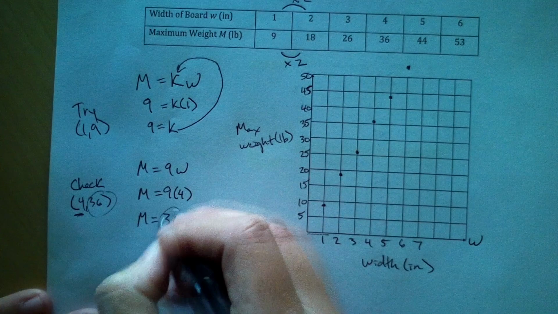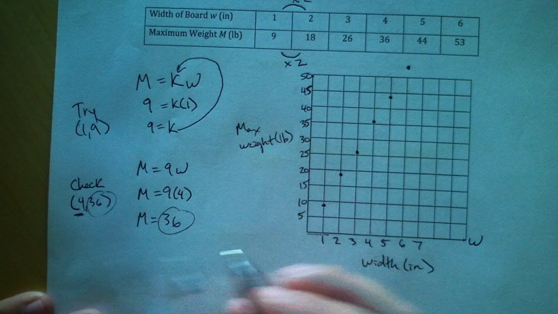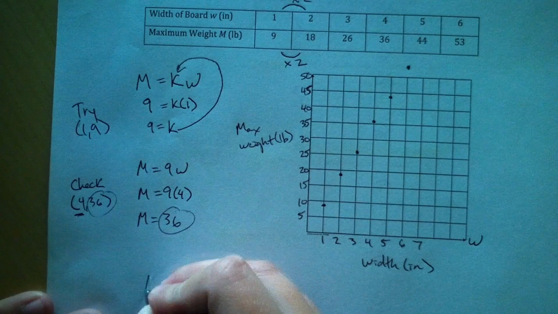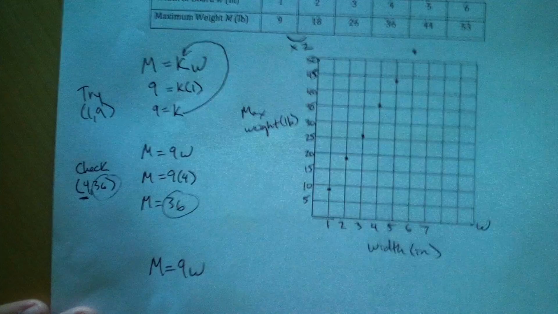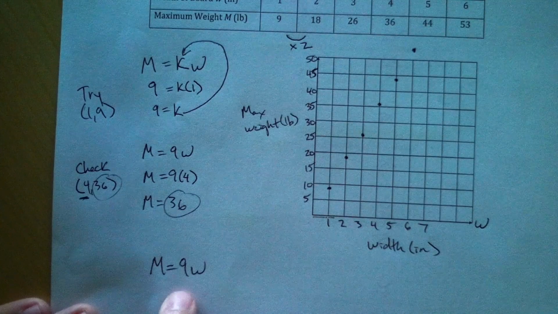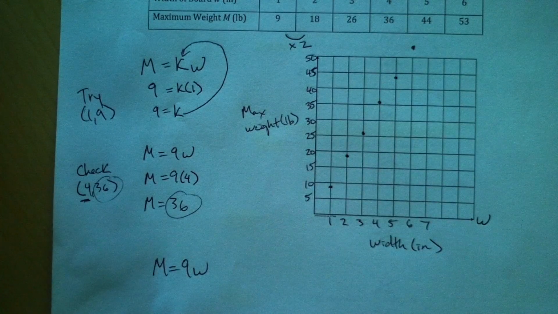Now we have to do that with our other values. We have the thickness of the board, and then the length of the board left to do. Same concept here. We have thickness and max weight, so thickness is going across the bottom. Again, we're comparing all of these values to the max weight, so that would be our y value.